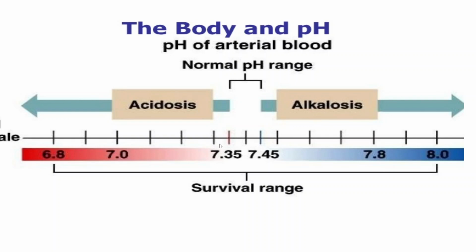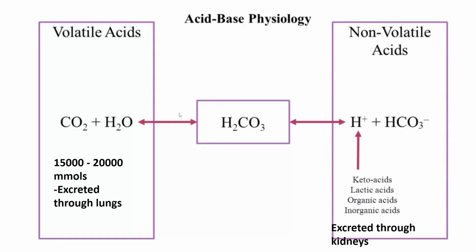Survival of the human body is possible only when the pH is between 7.35 and 7.45, and beyond that range it can become fatal. Both alkalosis as well as acidosis can become fatal, and it's also an emergency which needs to be treated.